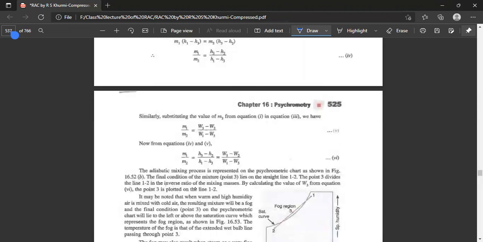Next, in equation 3, we have M1 by M2 as (W3 minus W2) divided by (W1 minus W3). Then from equations 4 and 5, if you equate M1 by M2, (H3 minus H2) over (H1 minus H3) equals (W3 minus W2) over (W1 minus W3).